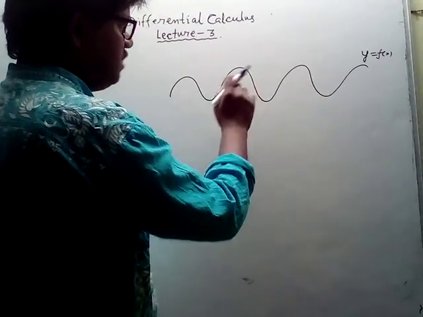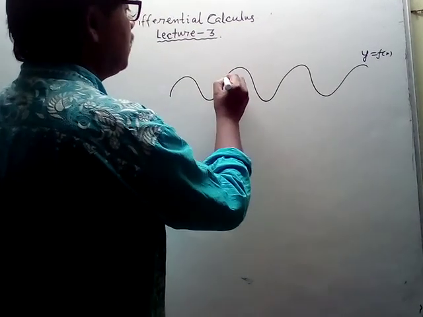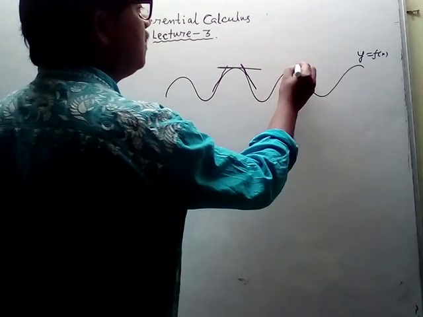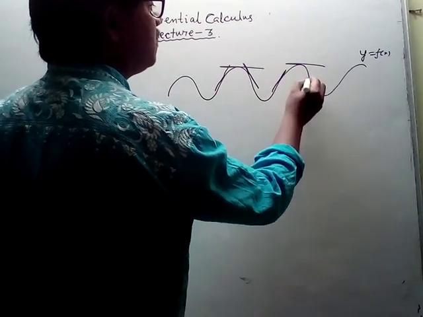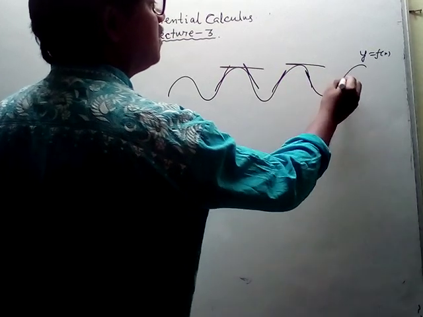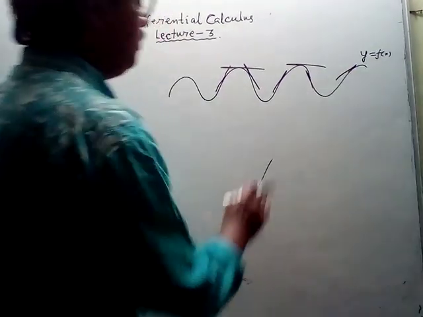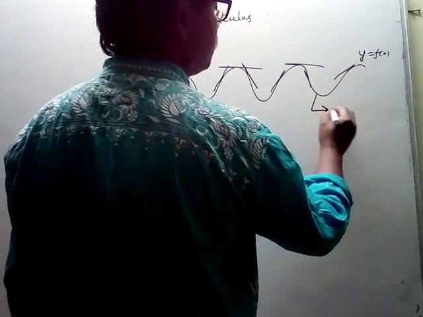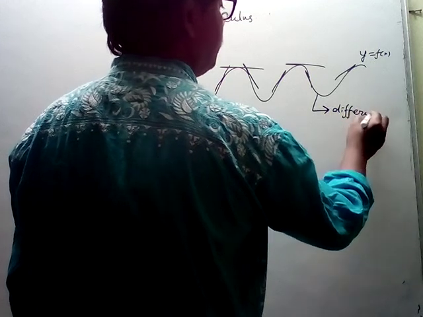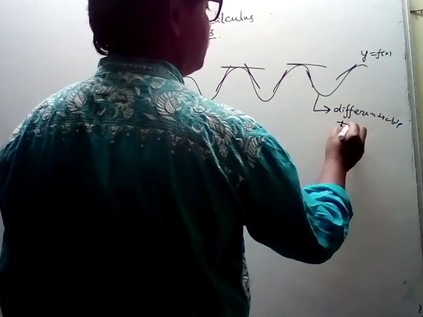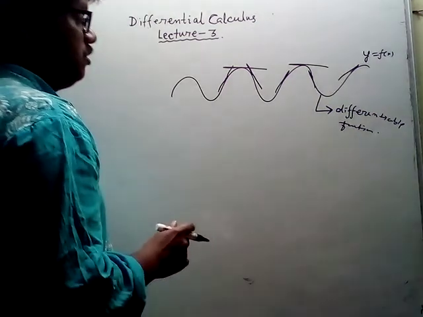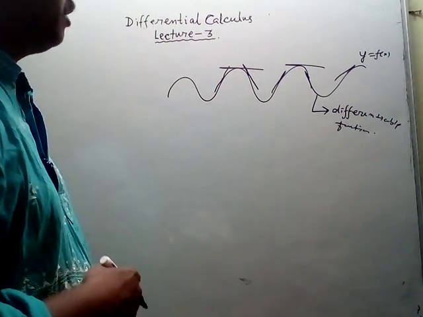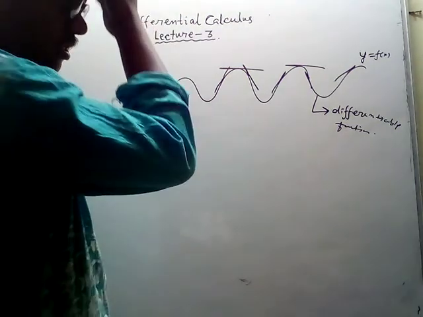For this curve, a tangent can be drawn at any point. You can draw a tangent here, here, here, at every point. These are differentiable functions, because at every point the function is differentiable, that is, the tangent exists.